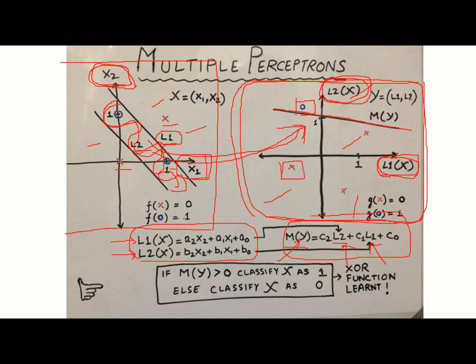So whenever your M is greater than 0, it means that we are talking about this data point, which is obviously representing any data point here in this space. That data point will be classified as 1. Otherwise, the data point will be lying outside that region in the original input space, and it will be classified as 0. And this is the defining characteristic of the exclusive OR function that we wish to learn.